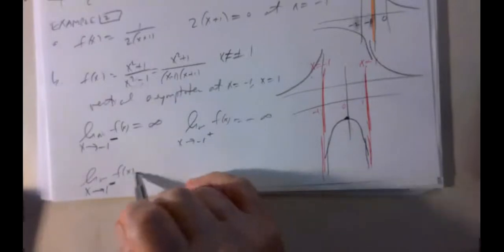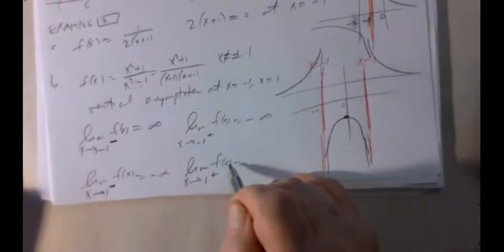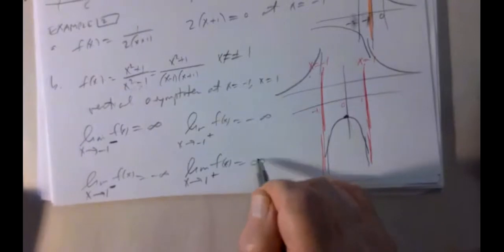The limit of f of x as x approaches plus 1 from the left is minus infinity. And the limit of f of x as x approaches 1 from the right is plus infinity.